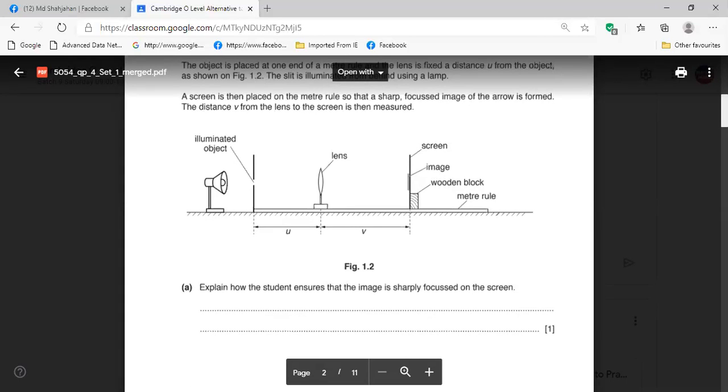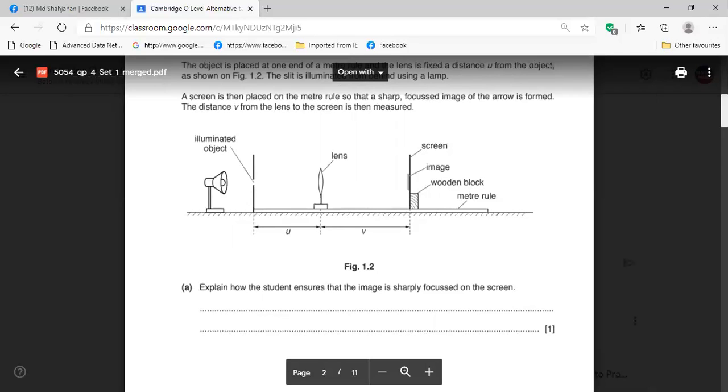When we study waves, the topic of light, then we will get the application of lenses. And you will understand that for different positions of the lens and the object, you will get the image in different ways.